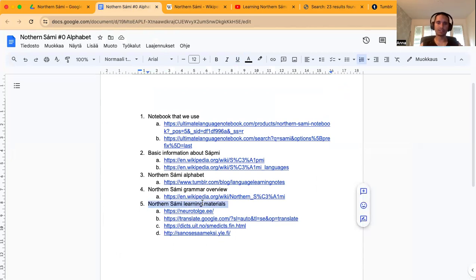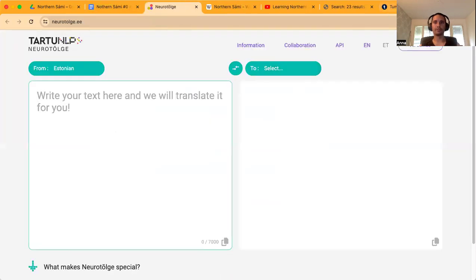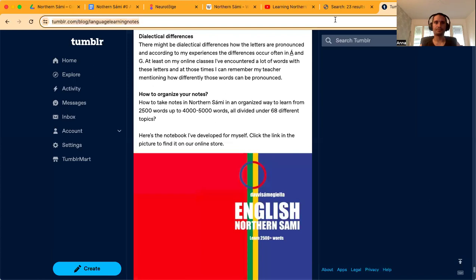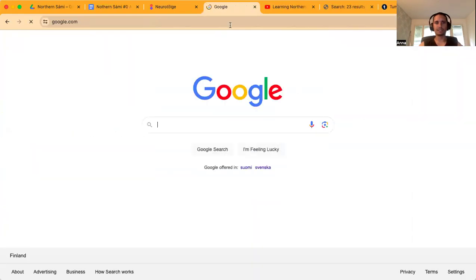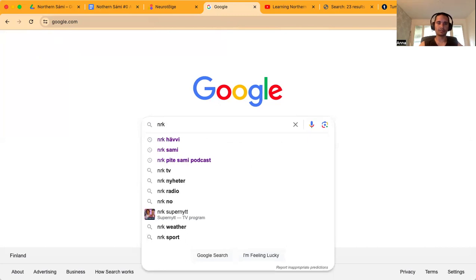And now I'll share the different materials that I use myself when learning. So usually if I'm writing notes in my notebook, I try to find maybe some news articles.